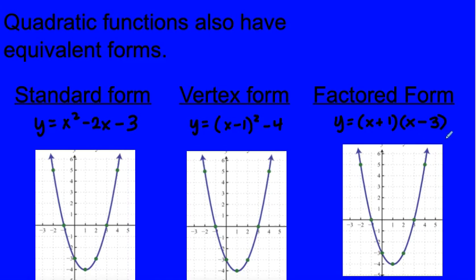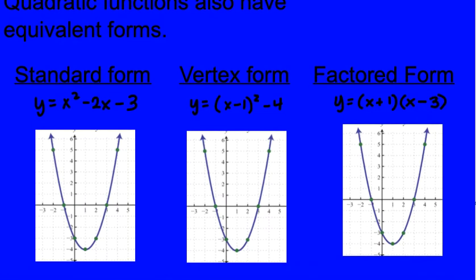Again, you might be looking at these graphs and noticing that all the graphs are exactly the same, but the equations that represent those graphs are all different. So we have a standard form, because like I told you when we were working on standard form of a line, we have a standard form for every function. This one also has something we call vertex form. And the last one, I actually call it factored form, but most books are going to call it intercept form.